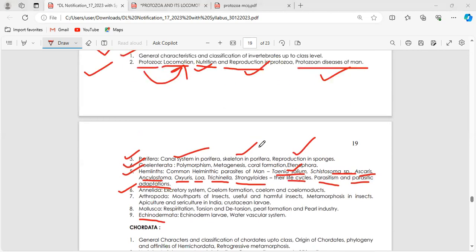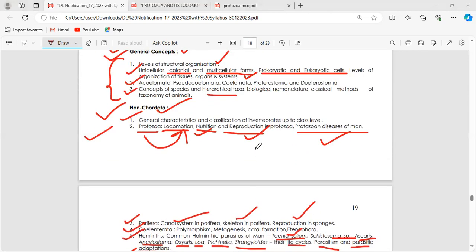Okay, let me start. Revising or reading the syllabus is very, very important. Why? Because if you know each and every word, if you know what is acoelomate, pseudocoelomate, and coelomate, and what is the meaning of acoelomate, and what are all the phyla placed under this acoelomate, and acoelomate is coming under which division?